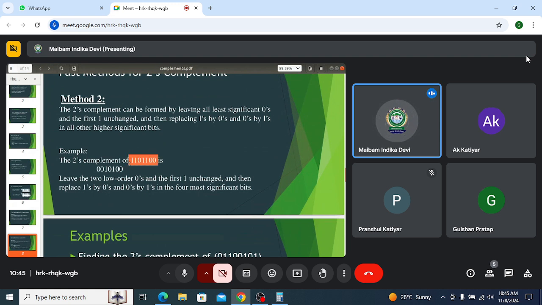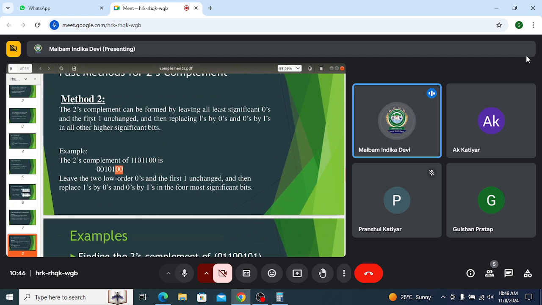If this is the value of capital N, what does it mean? Two's complement can be formed by leaving all least significant zeros. Least significant means the rightmost ones. So wherever there are zeros on the rightmost side, you just leave them as they are: 0 0.